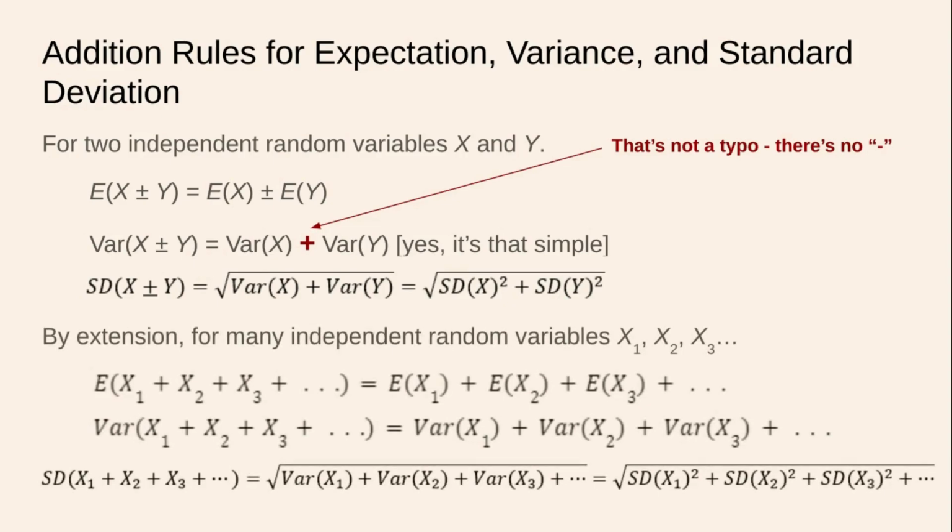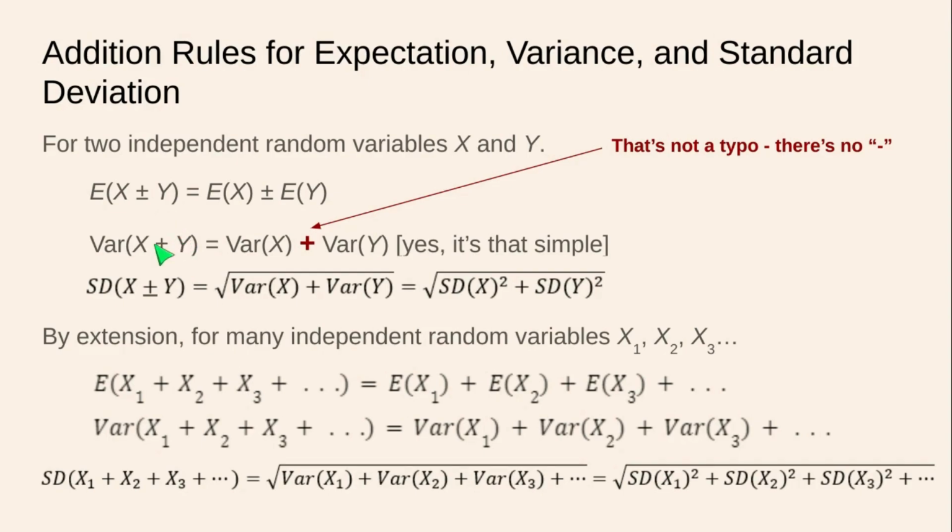By extension, if we have many independent random variables, say x sub 1, x sub 2, x sub 3, so on and so forth, the expectation of a sum of random variables is the sum of the expectations of the random variables. And the variance of a sum of random variables is going to be the sum of the variances.